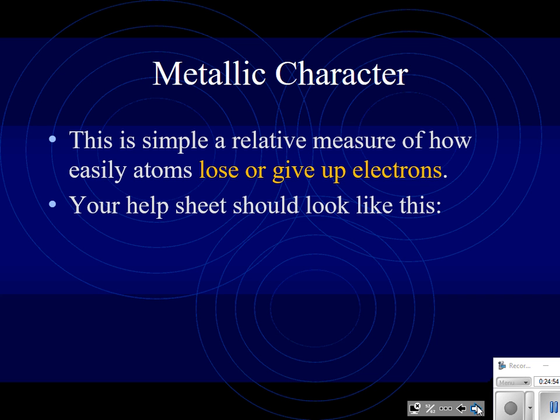Where on the periodic table would you think electrons want to be lost? The left side, because those shells are less filled. So the left side of the table is the more metallic. Remember, we said that the alkali metals were very, very reactive. This is the reason. So the atoms that want to lose or give up electrons are on the left side of the periodic table.